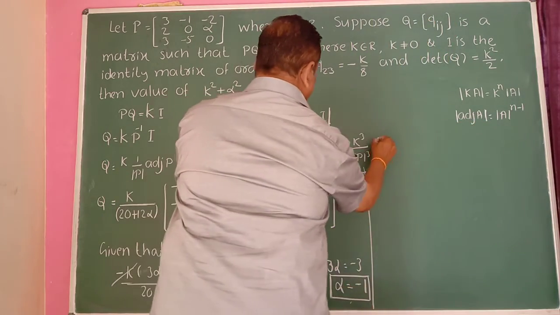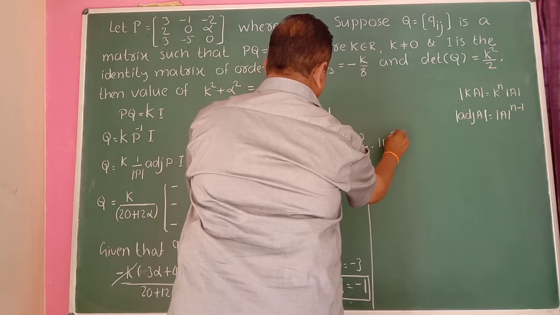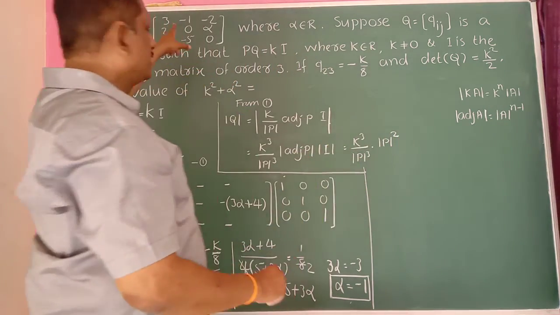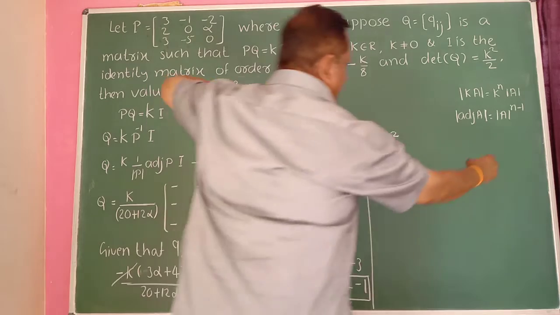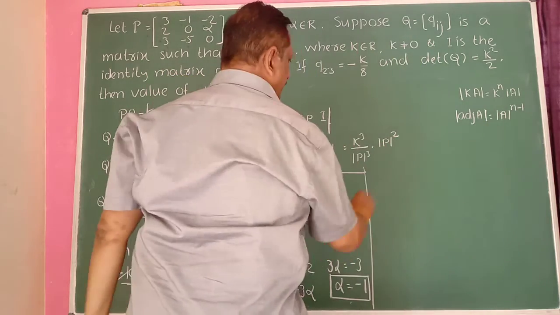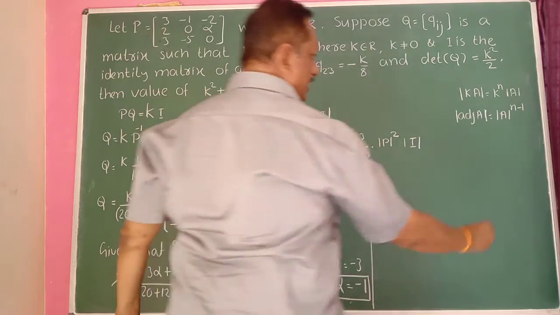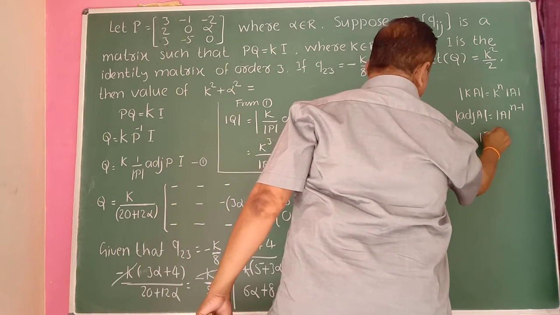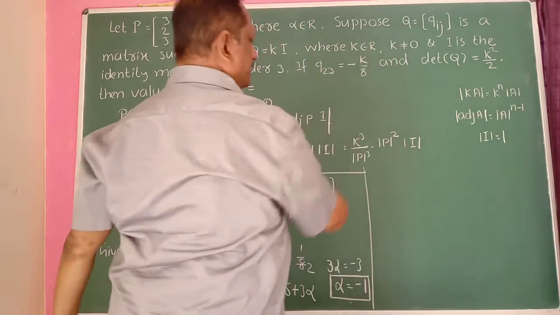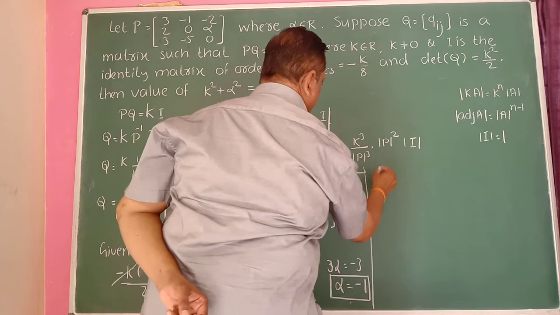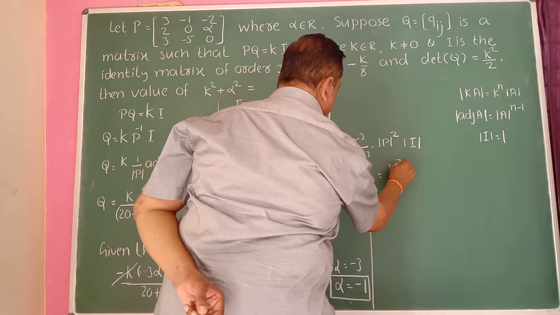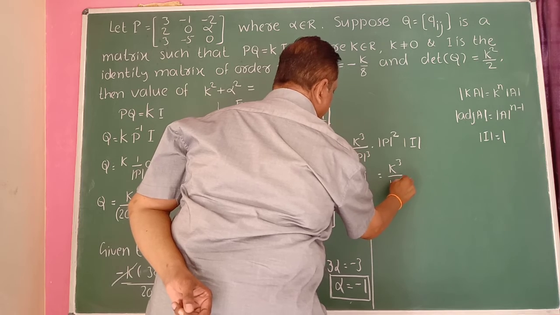So this becomes determinant of p raised to square here, because the order of the matrix is 3 here, then 3 minus 1 becomes a 2, into determinant of I. Also you know determinant of I is always 1 here. This becomes 1. Here these get cancelled. Therefore remaining is k cube divided by determinant of p here.